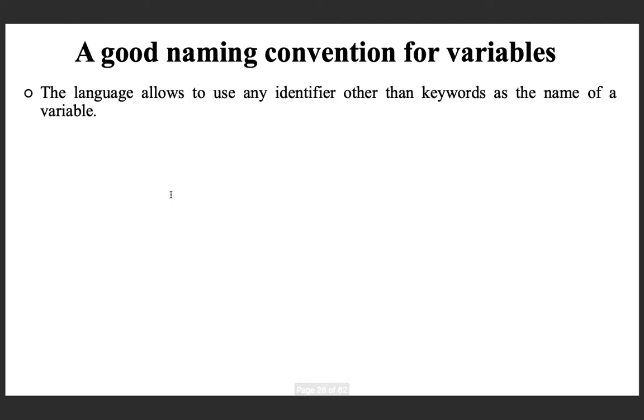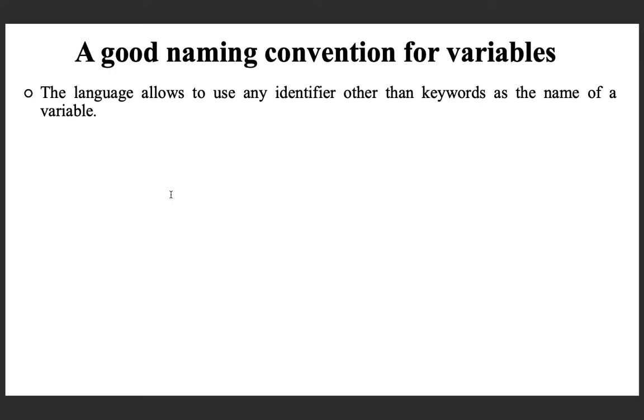Now you can see some good naming conventions for variables. In fact, the C programming language allows you to use any identifier other than keywords as the name of a variable. Suppose you want to create a variable to represent the year in your program, then you are free to use any identifier.